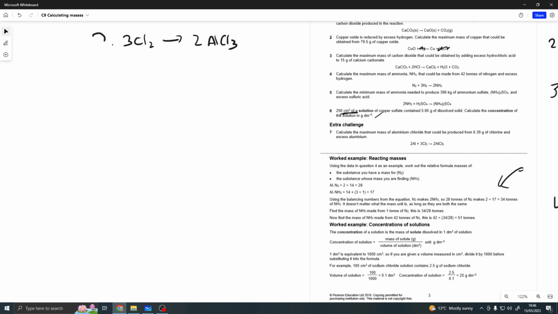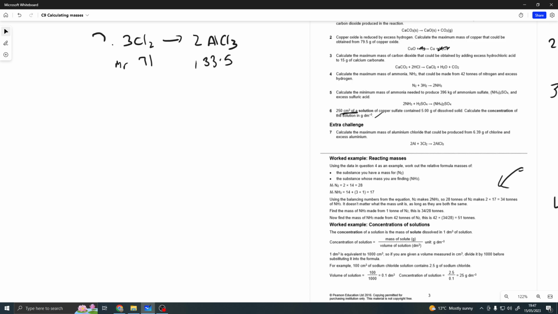What that means is Cl2 would be 71. So the MR of Cl2 is 71. And AlCl3 is 35.5 times 3 plus the AR of aluminium, which is 27, giving me an MR of 133.5. Those are the MRs of our two compounds.